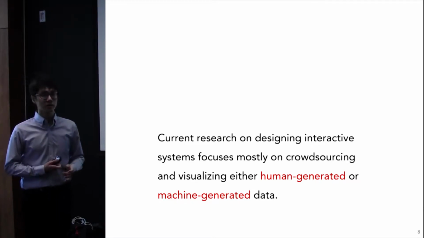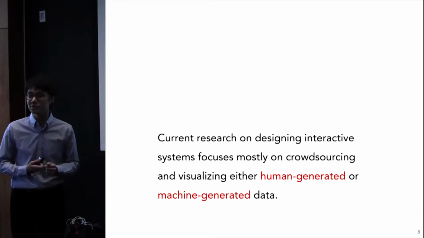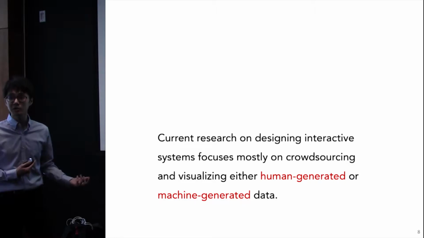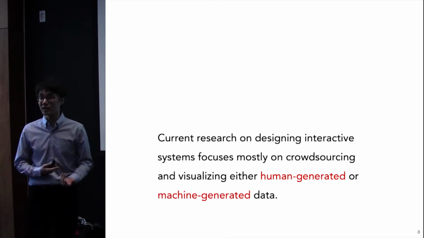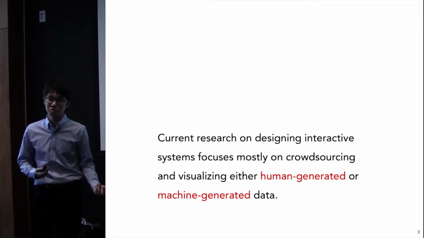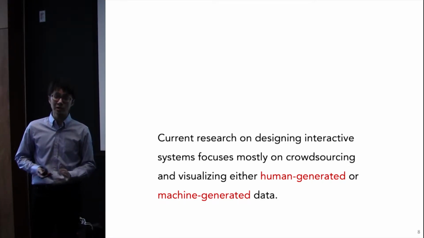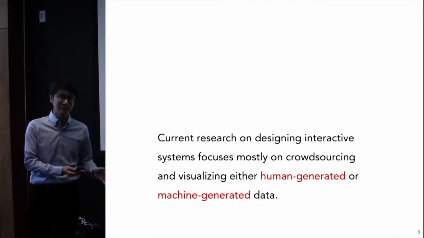Current research on designing interactive systems usually focuses on either human-generated or machine-generated data. These two types of data are really different, and they both serve as a fragment of evidence.